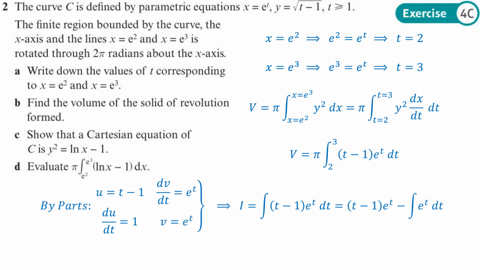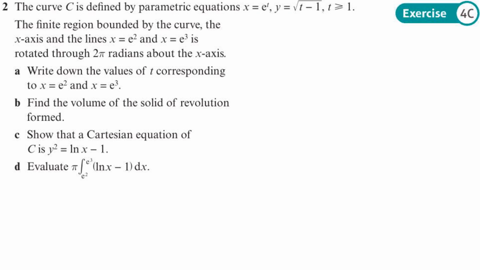I could complete that bit and do the integral of e to the t, it's just e to the t, and then put it together with the rest, and then I can go back to my volume question and substitute those things in. So t minus 1 e to the t, take away the integral of e to the t, which is just e to the t. So I end up with t minus 2 times e to the t, and then I need to put my limits in. The limits of 2 and 3, that all simplifies down quite nicely to pi e cubed.